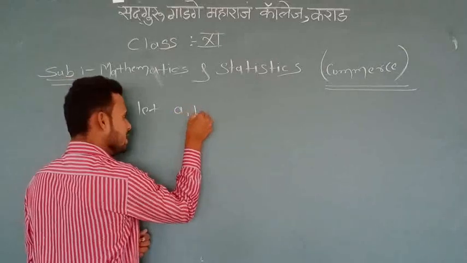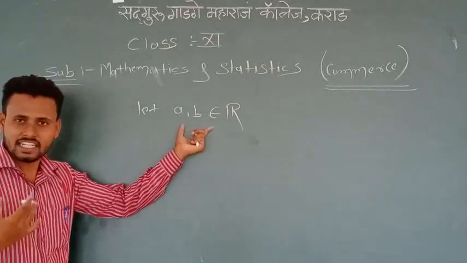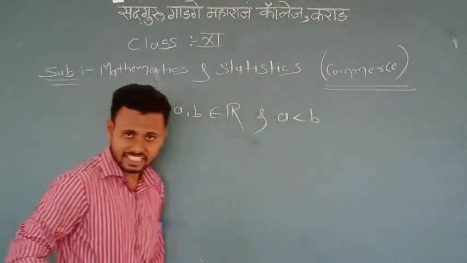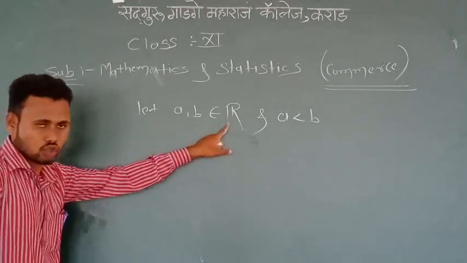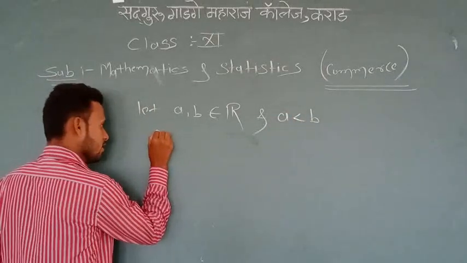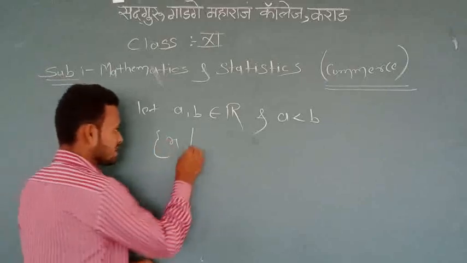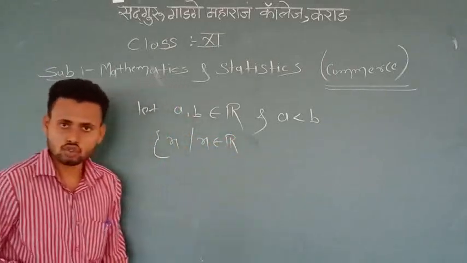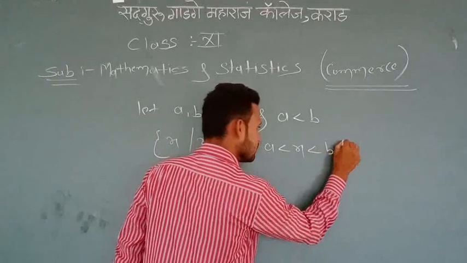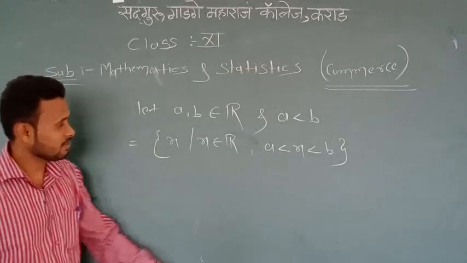Let A and B be any real numbers, and A is strictly less than B. Then the set containing X such that this X also belongs to the real numbers and the condition A strictly less than X strictly less than B, this set represents an open interval.